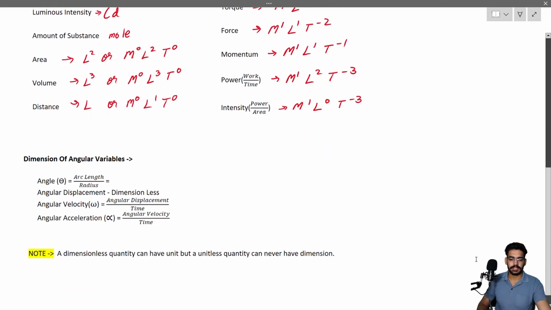Now we have the dimensions of some angular variables. Angle is arc length, which is a length, divided by radius, which is also a length. So this is a dimensionless quantity, m0 L0 t0.